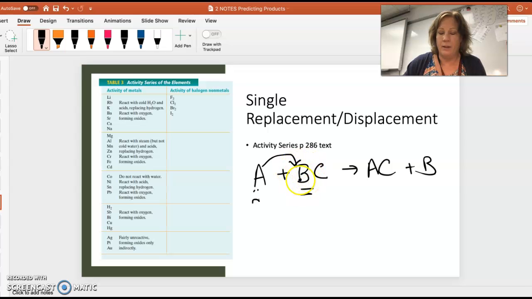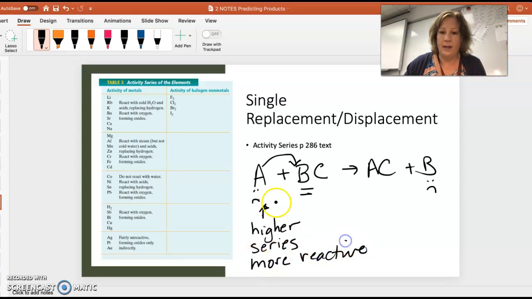It has to be the metal or the cation. And then that forms a new compound and a new lonely metal. This metal that goes in has to be higher in the series, which means it's more reactive. If it's lower, it's not going to happen. The reaction just won't happen.